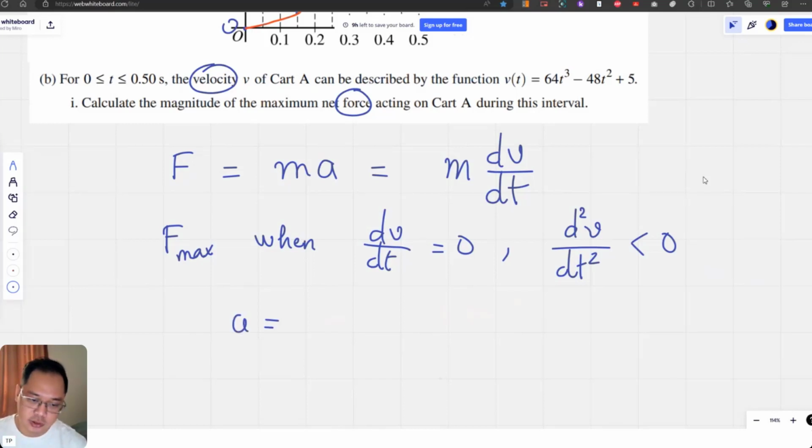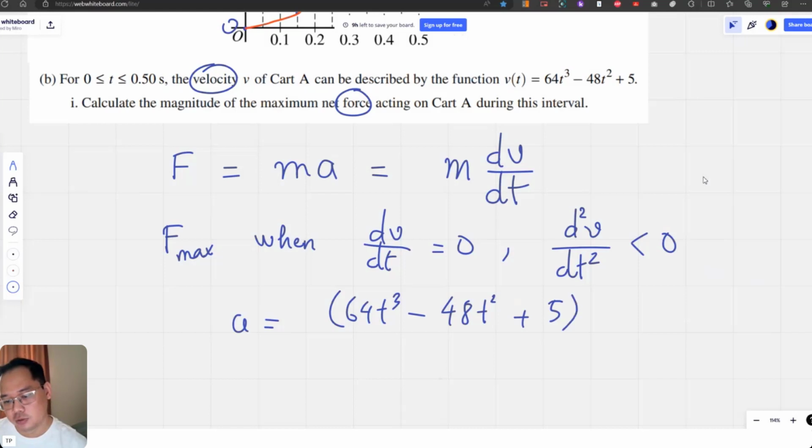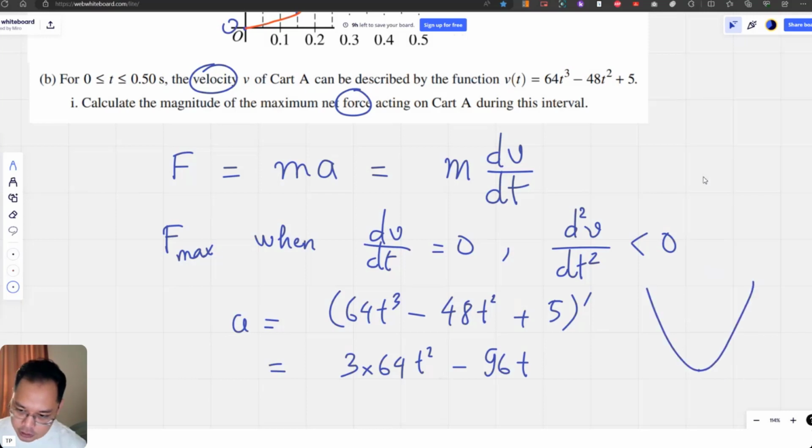A is dv over dt, which is the derivative of 64t cubed minus 48t squared plus 5t, which is 3 times 64 t squared minus 2 times 48, which is 96, t. This is a quadratic function, so the graph of acceleration is like this. So the acceleration is minimum here.